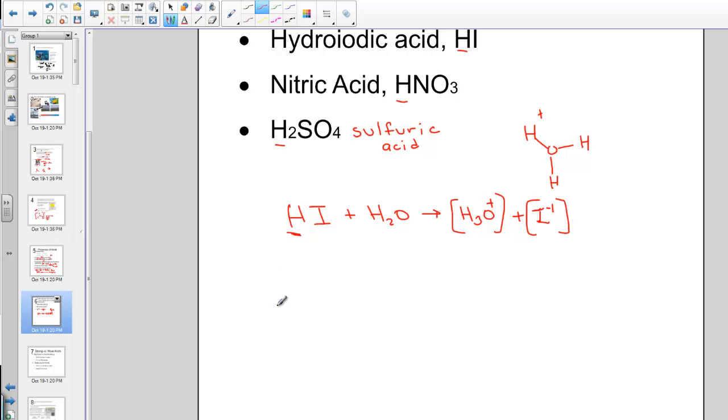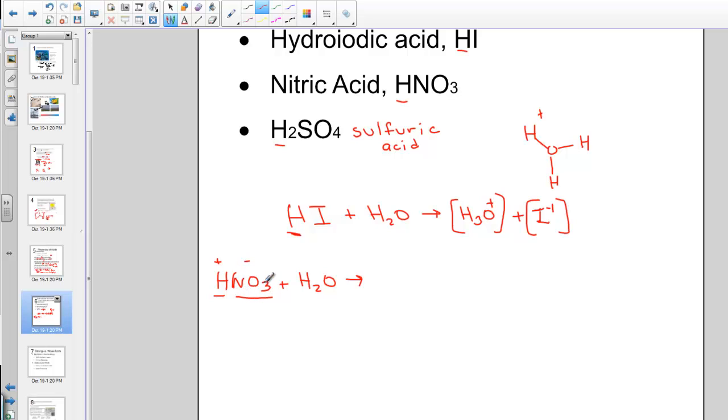Nitric acid does the same thing. Nitric acid is a compound that starts with H, and so we have HNO3. When it's placed into water, it dissociates. Now remember, even though there's many elements here, it's still a positive hydrogen and the negative polyatomic called nitrate.